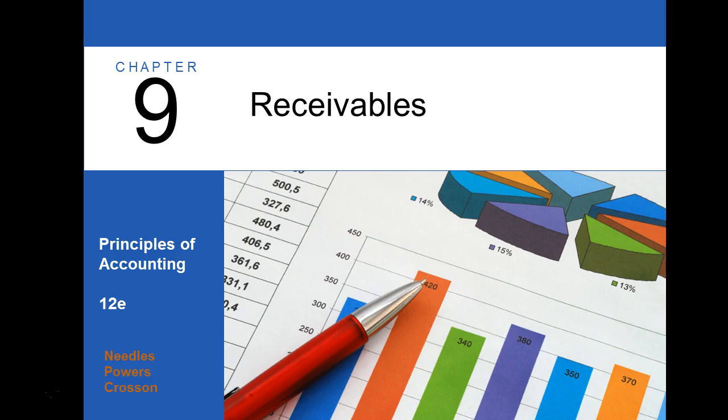So while we're showing the receivables on our books, we also need to be realistic about those receivables that might not be collected. That's what this chapter is going to talk about: how we account for those receivables that aren't going to be collectible. Because the longer a receivable is outstanding, the tougher it is to collect.